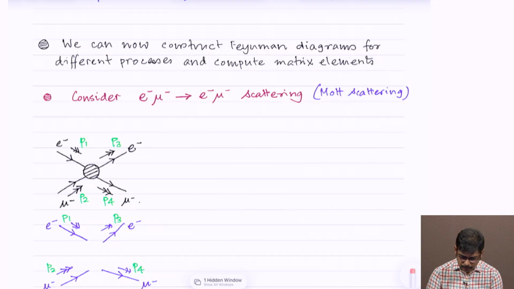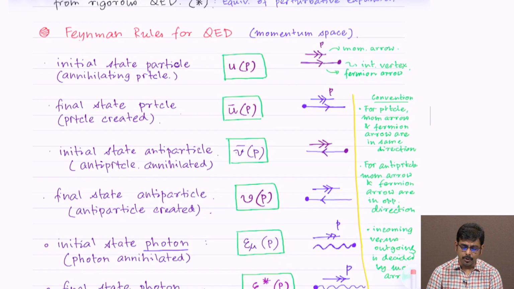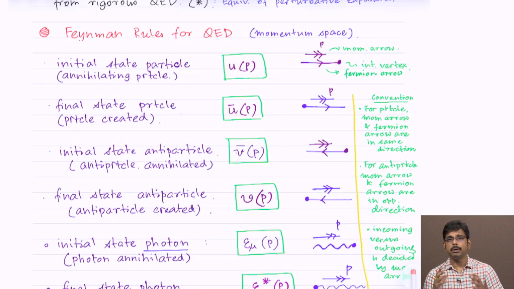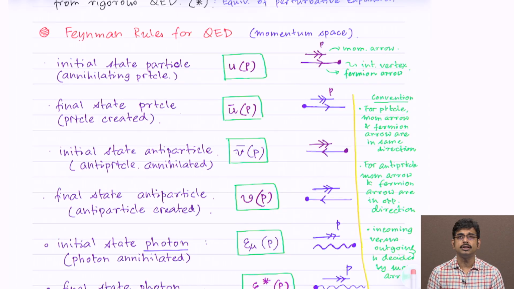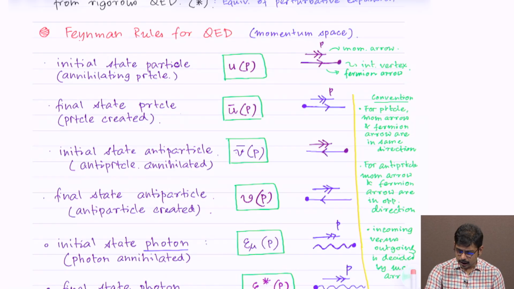Importantly, it gave rise to the interaction between the electron and photon. Then we talked about how to compute a particular process in quantum electrodynamics using pictorial notations, and those notations and the corresponding mathematical terms are combined into what is called the Feynman rules for QED, if you remember.